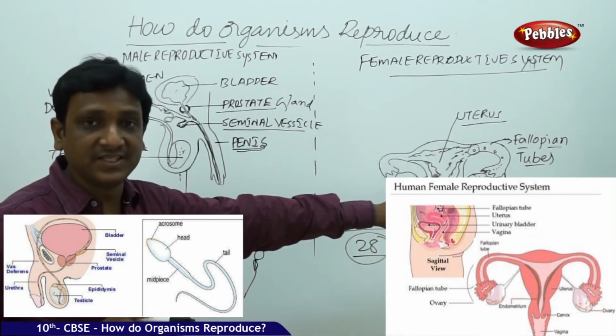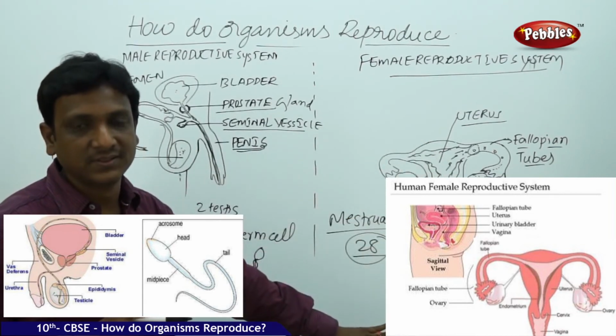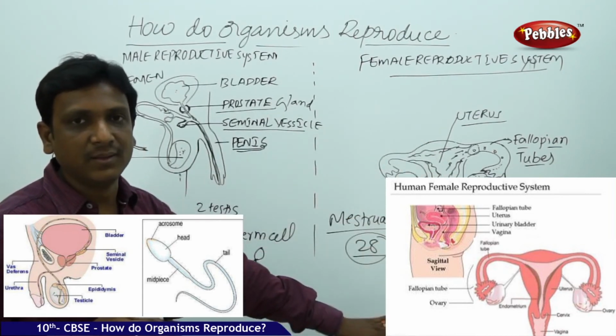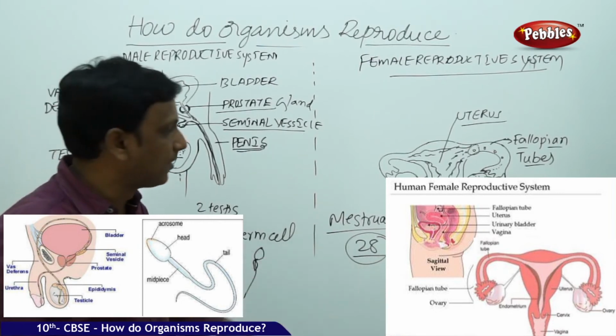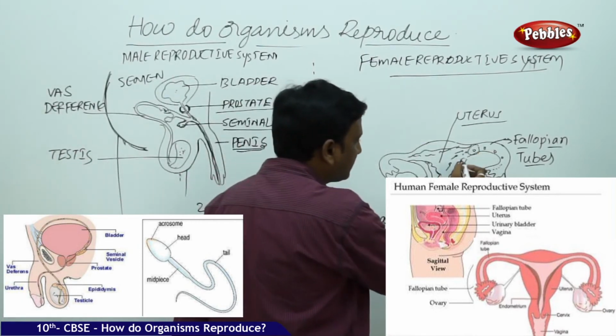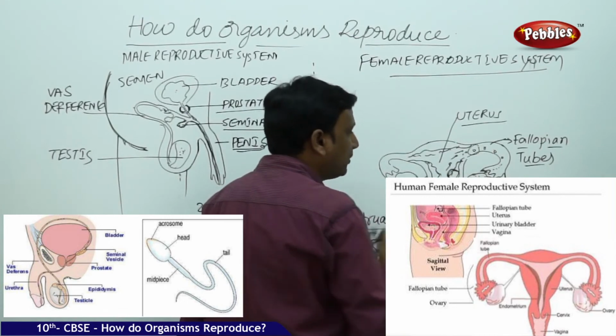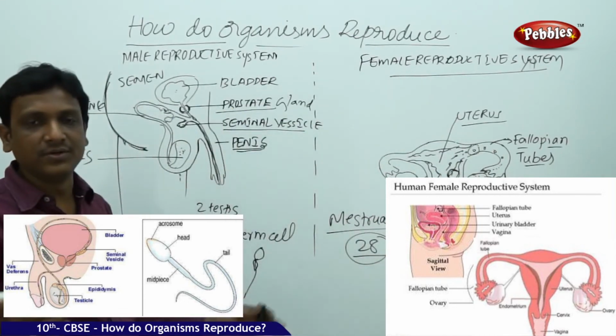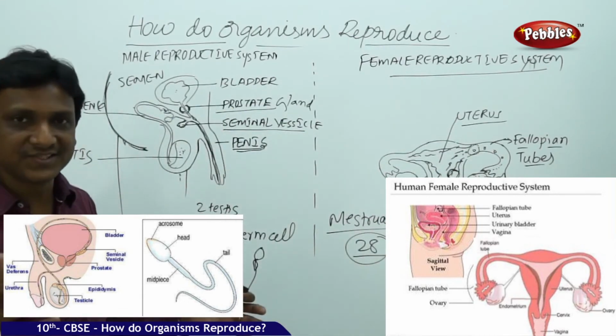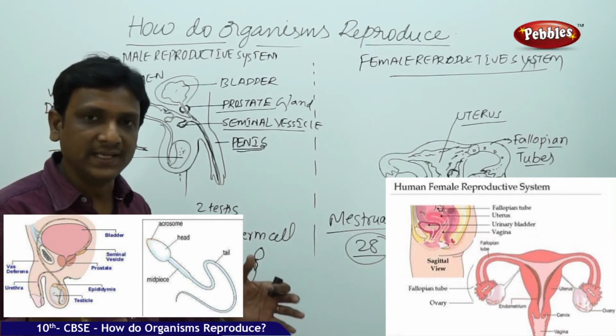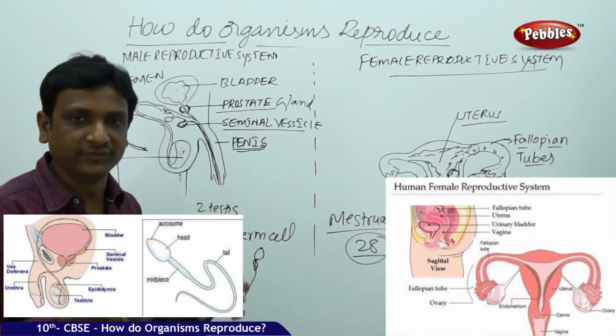Once the fertilization takes place, the menstruation stops till the baby is born. The fertilized zygote is fixed in the uterus and it grows into the baby. So the uterus is a bag-like structure which provides all the layers, all the fluids, everything for the growth of the baby.